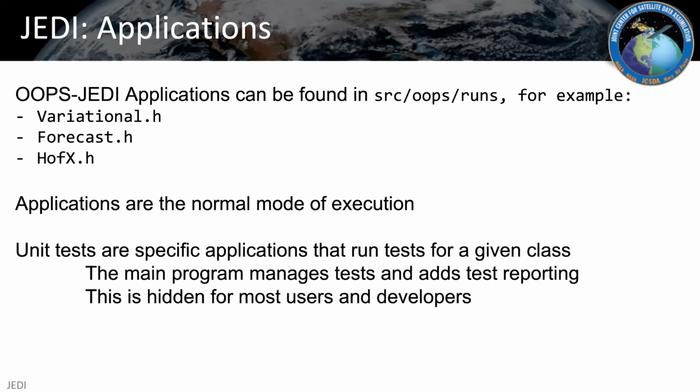So you would have one unit test for the state class that's going to run tests that check that your state class is doing what it's supposed to. Same thing for your covariance matrix or your increment. For your increment, it's going to do some checks that the linear algebra is functioning correctly.